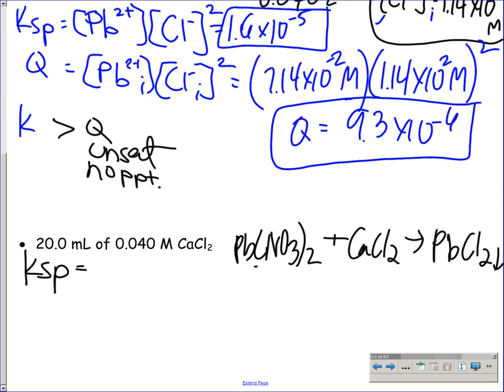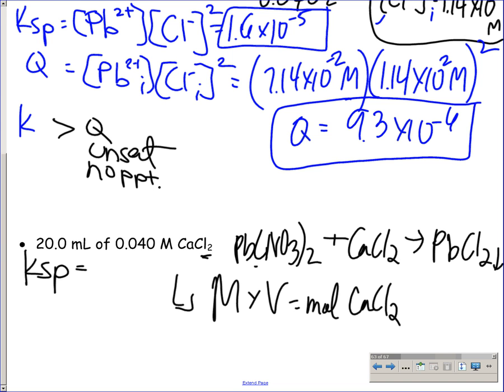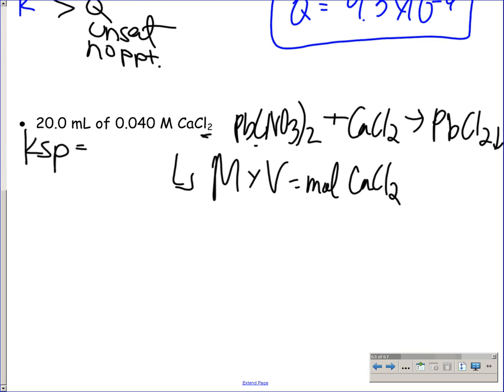But what's going to be different is, you see this 2 right here on the chlorine? When you do your big M times V, you're going to get moles of calcium chloride. That's not going to be the exact same number of moles of chlorine. How many chlorines form compared to the calcium chloride? 2.